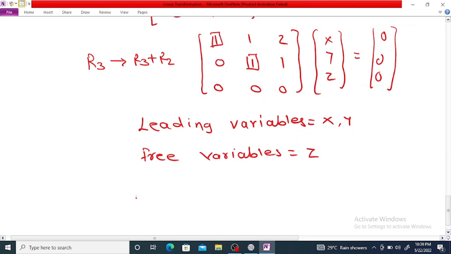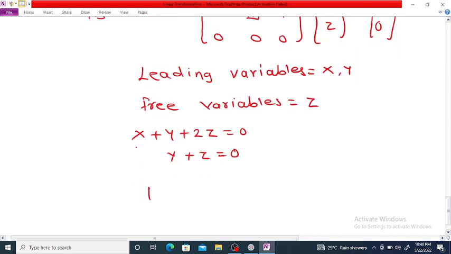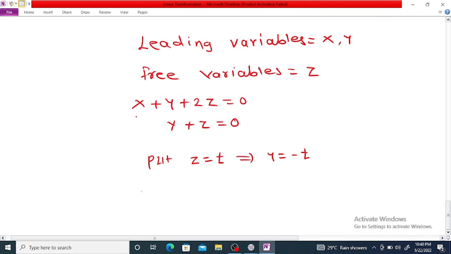Now if we consider this in system form, we get x plus y plus 2z is equal to 0, y plus z is equal to 0, and since z is a free variable, put z equal to t. This implies y is equal to minus t.